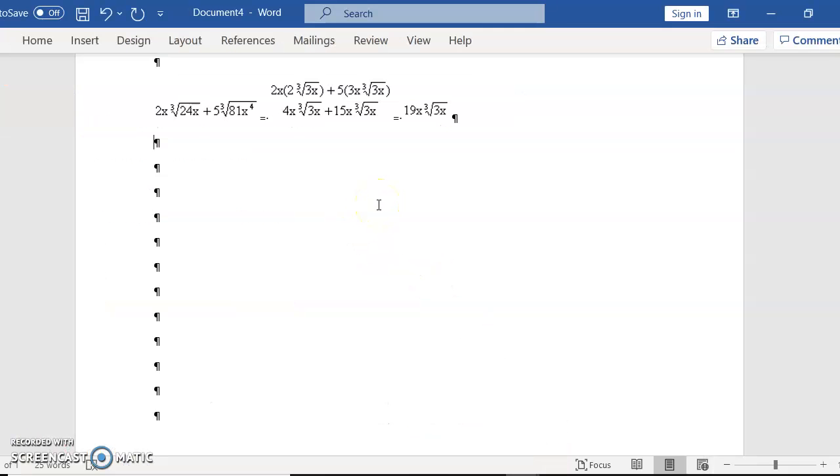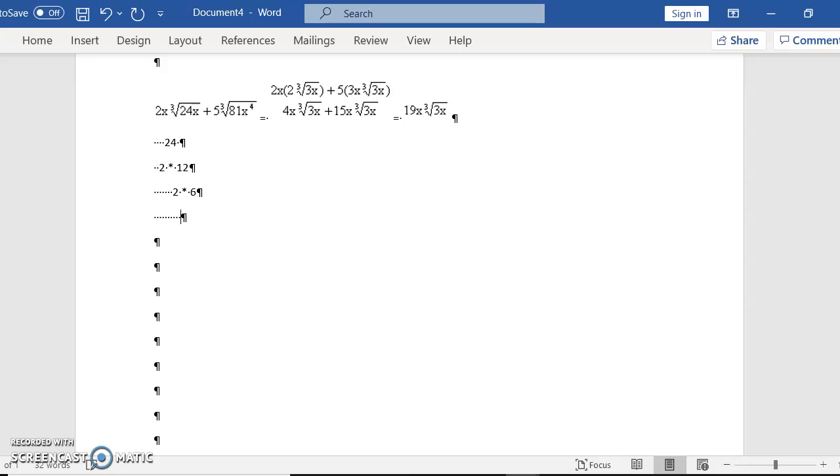All right, so here we have 24, so I will go ahead and do my factorization with 24. That's 2 times 12. Then I have 2 times 6.